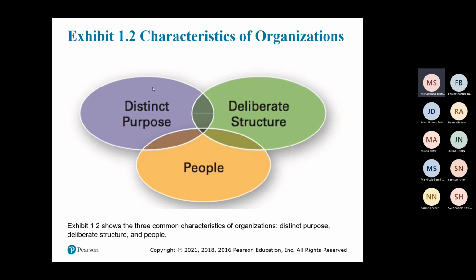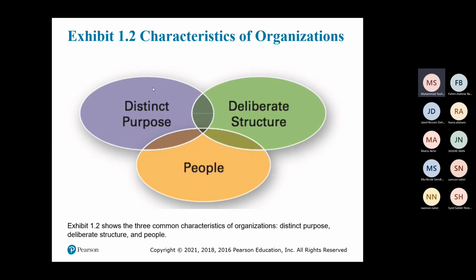To form an organization, you must have a structure. You must know who is on the top of the group, who is the one who will do the job, who will monitor it.